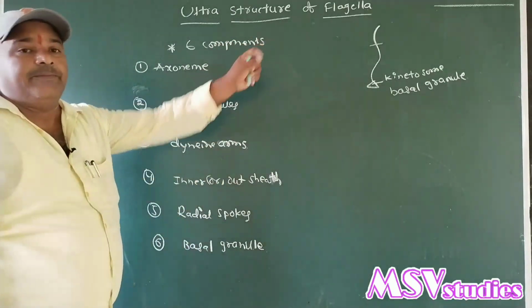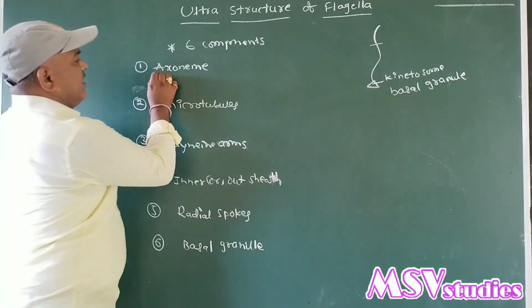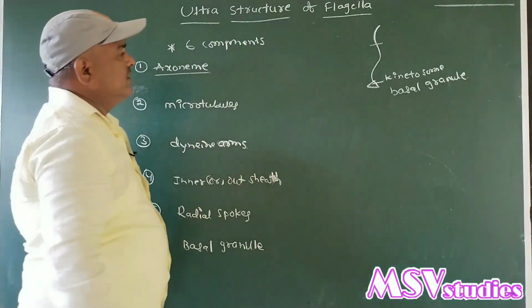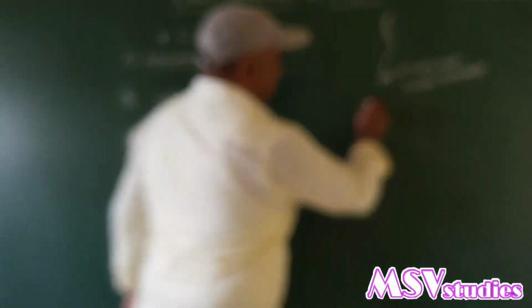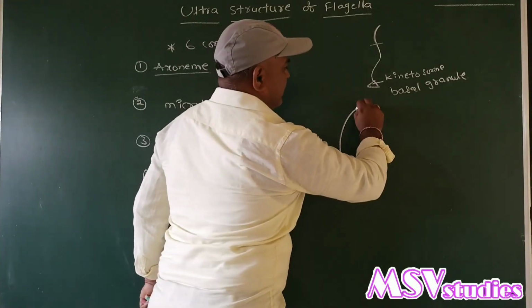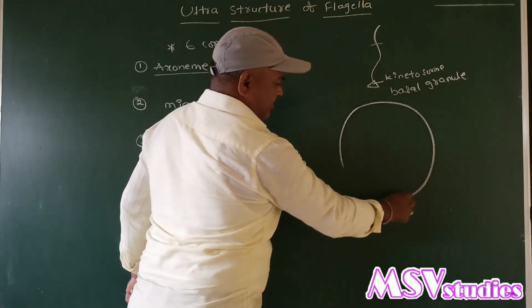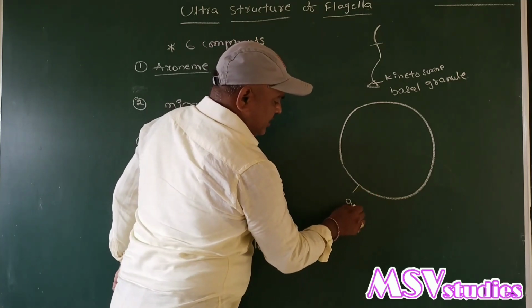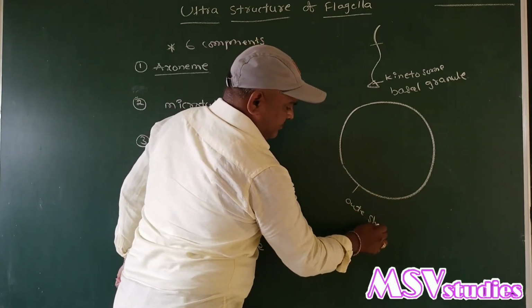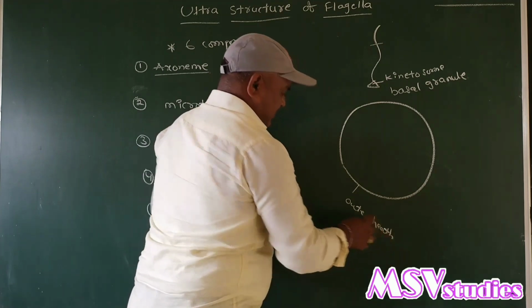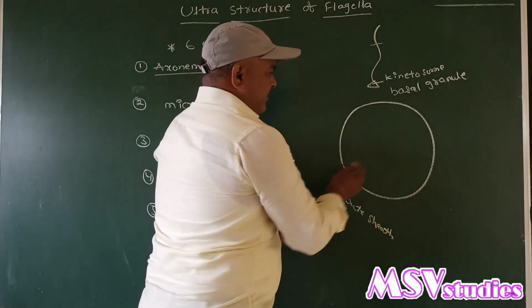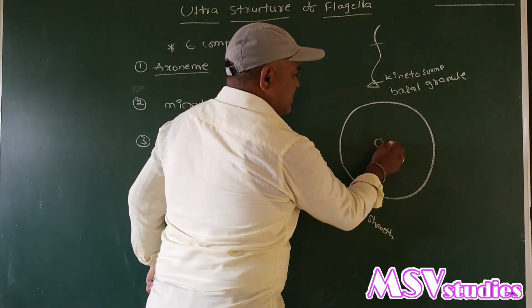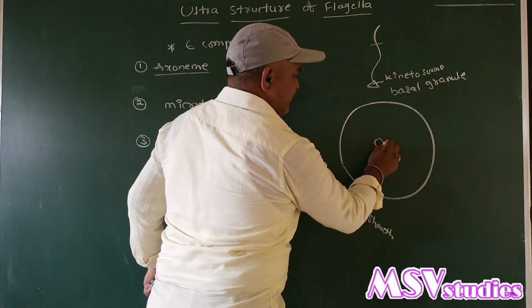So first of all, axoneme. See here, this is the TS structure of the flagellum. This is the outer sheath. Next, these are the central singlets.